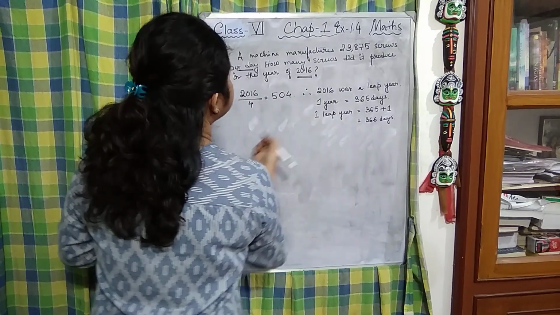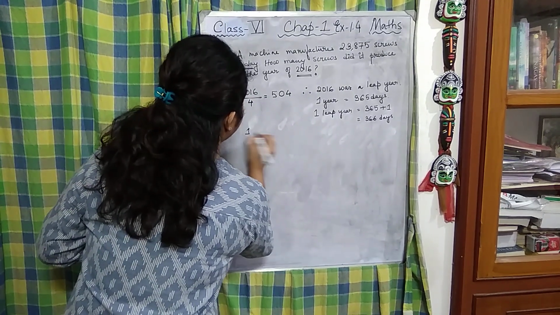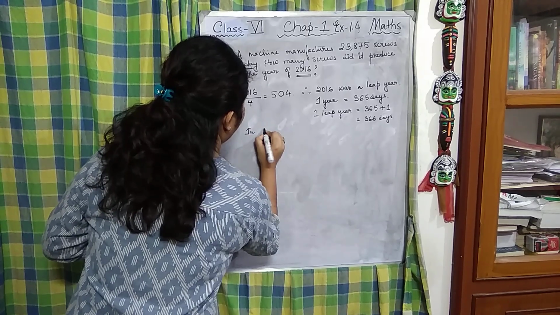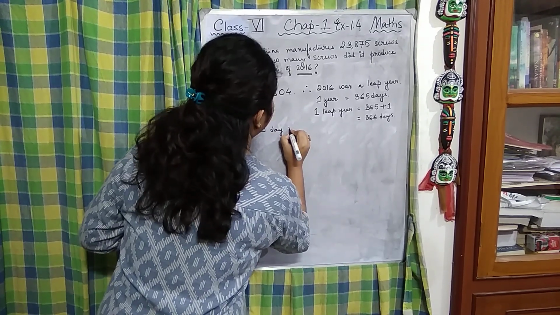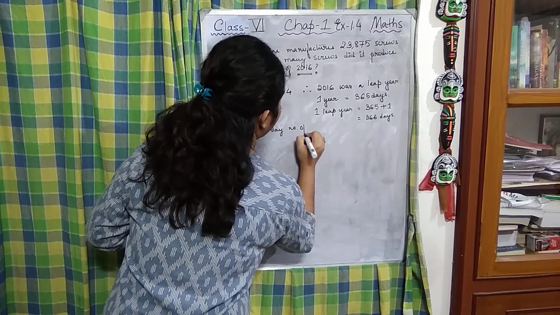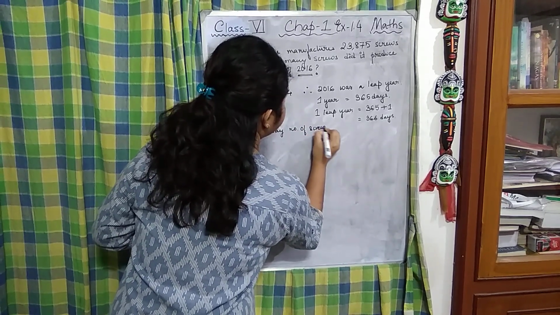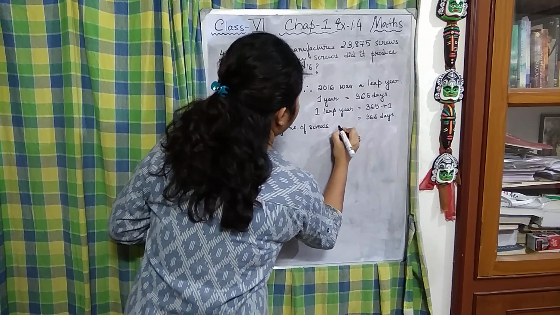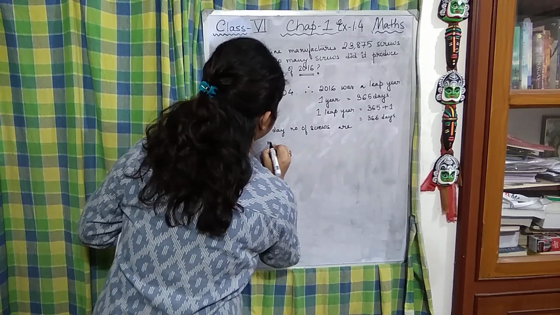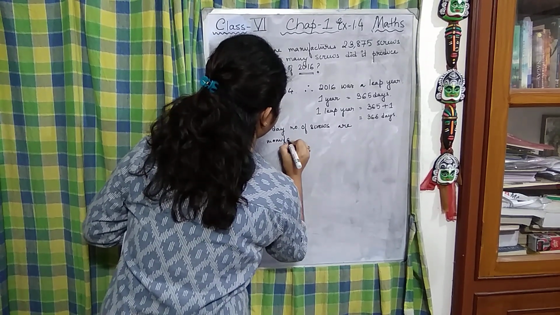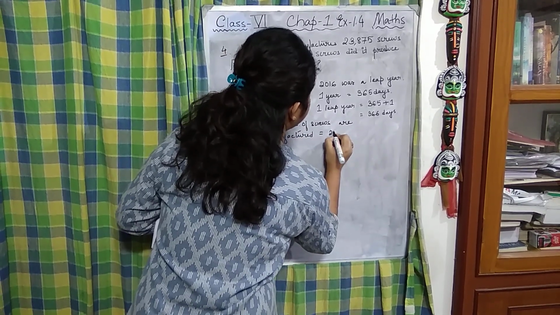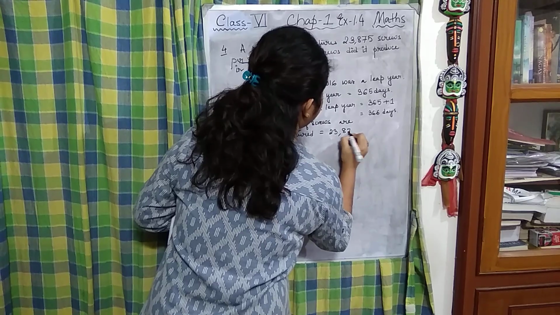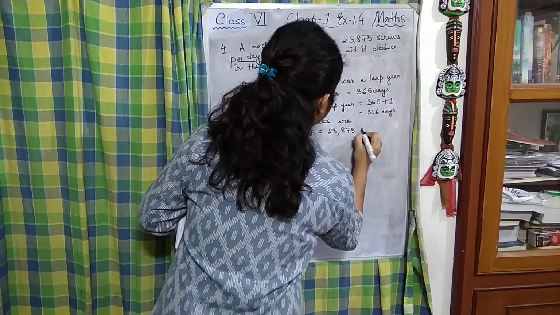So here it is said that in one day, the number of screws manufactured is equal to 23,875 screws.